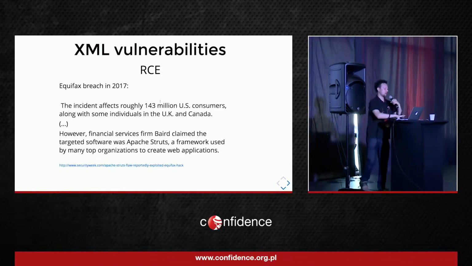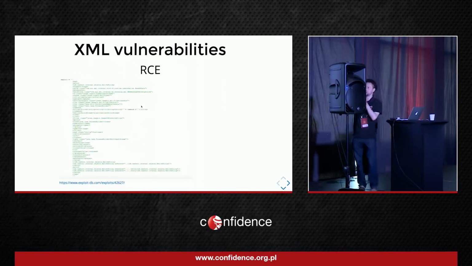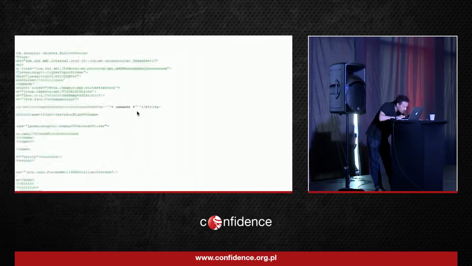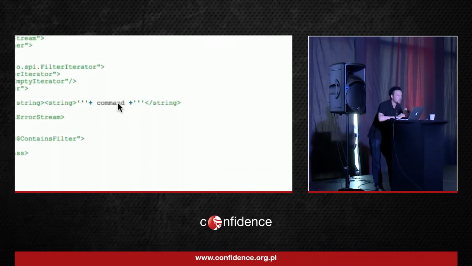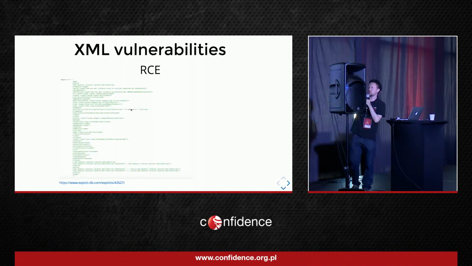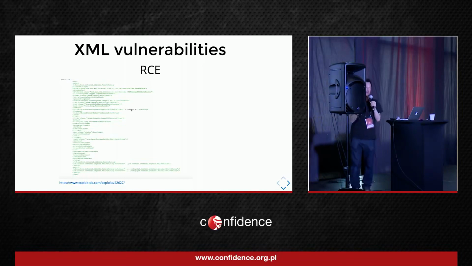And actually the exploit was pretty crazy because all the exploit was this XML. And the most important thing here in this XML is this small stuff. So this command to be executed. And now you may think, how actually this API executes this stuff? And the answer to this is that the framework they are using is doing silent deserialization.